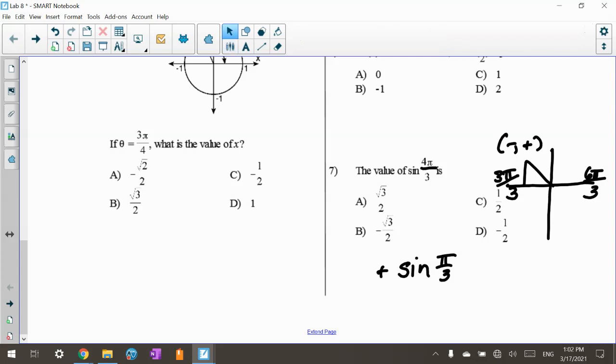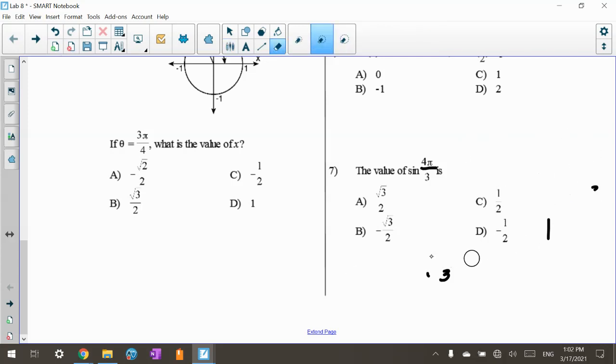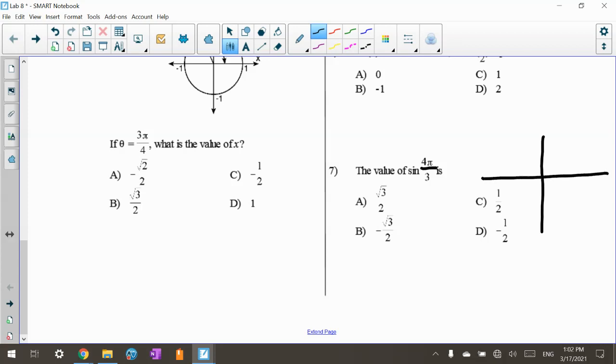Oh, I just made a mistake. This is 4 pi over 3. So this is going to be all the way down here. So let me erase that. I hate it when I do this on a video, but hey, we all make mistakes. So 4 pi over 3, I didn't even count, so I apologize for the mistake. This is going to be 3 pi over 3. This is 6 pi over 3. But 4 pi over 3, if I count, comes all the way down here, in quadrant 3.